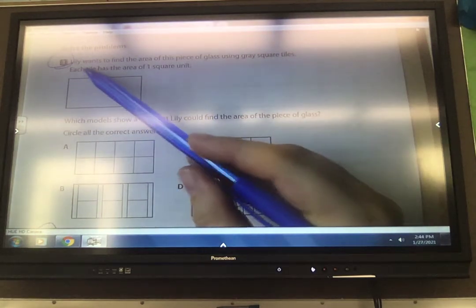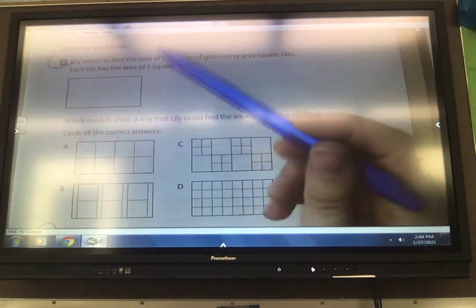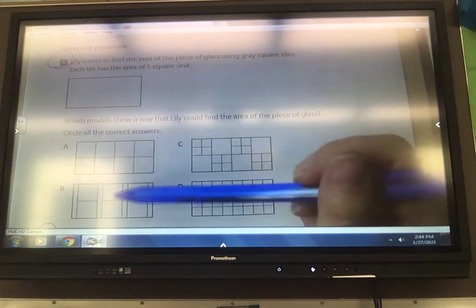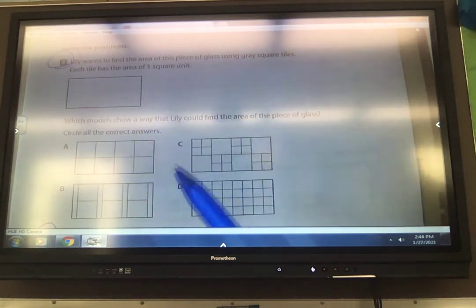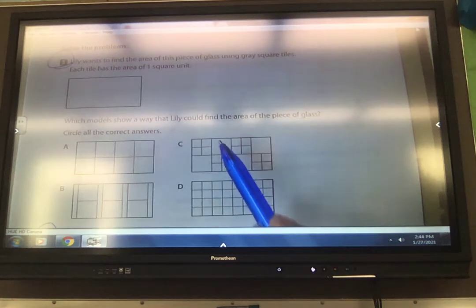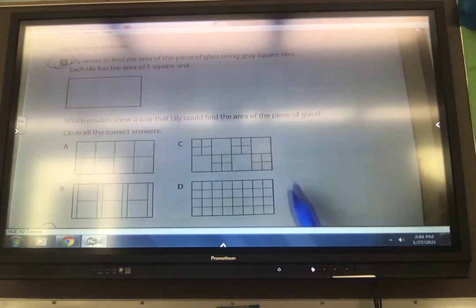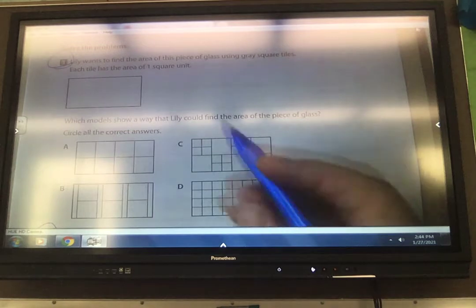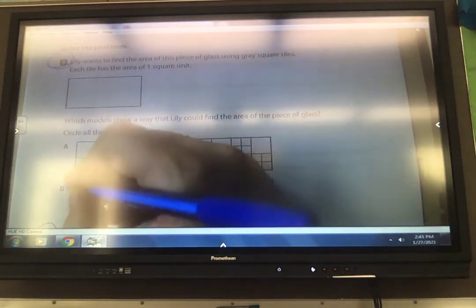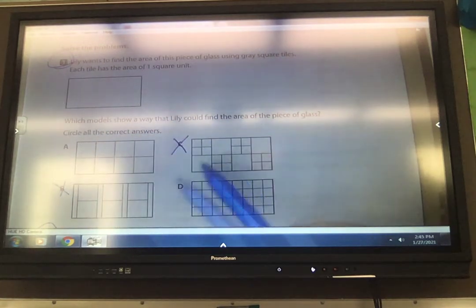Alright, we have Lily. She's wanting to find the area of this piece of glass using gray square tiles. And we're supposed to figure out which model could be a way that Lily found the area of the piece of glass. Remember, when we're doing area, we have to cover our shape with squares. So I can automatically eliminate B and C because they did not use squares.